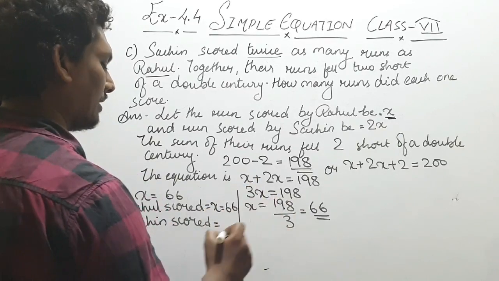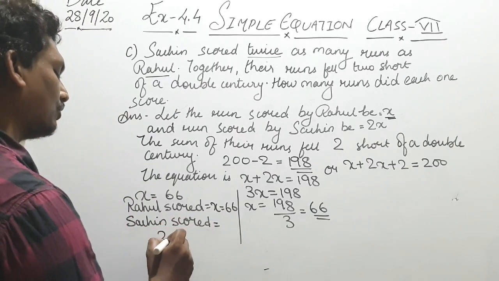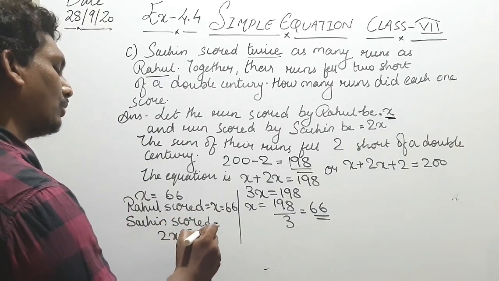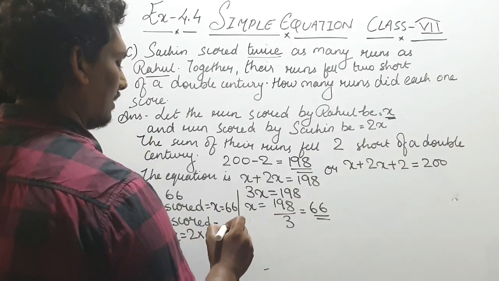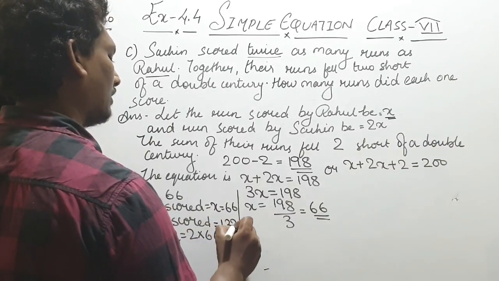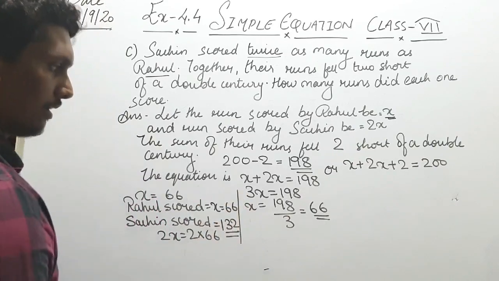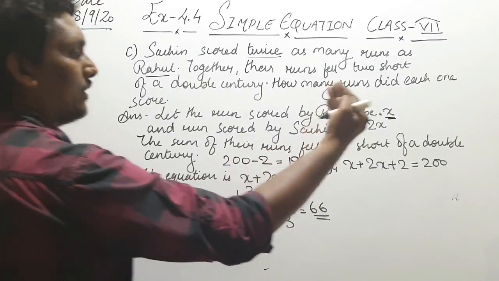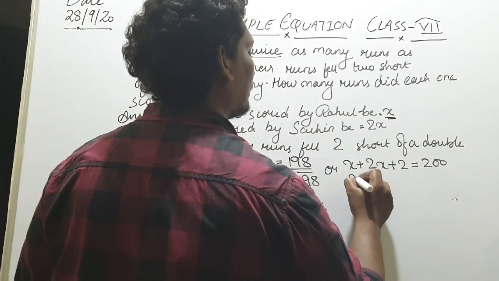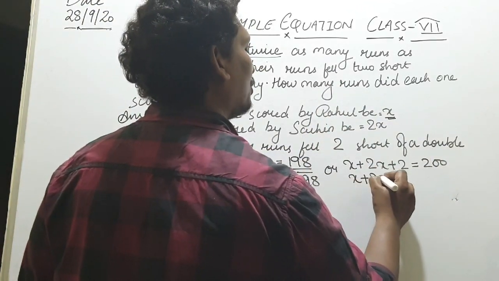Just drawing a line here, and Sachin's score is 2x, that is 2 into 66, so it will become 132, right?